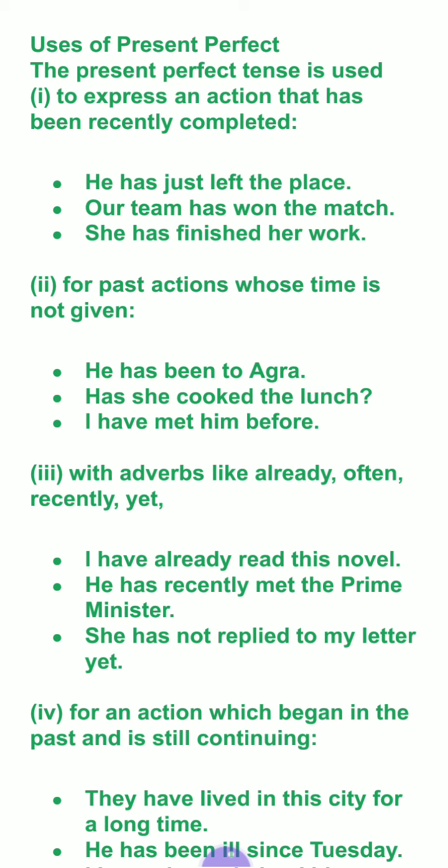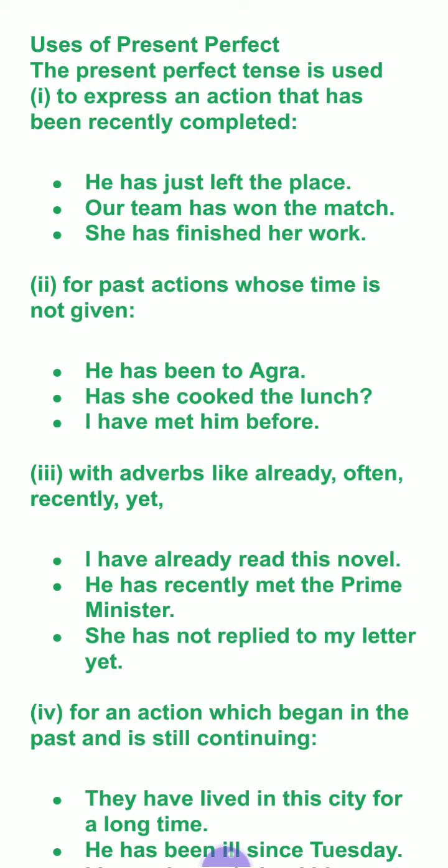Use of present perfect tense to express an action that has been recently completed, like I have completed my homework. Got it? She has done her assignment. So this particular tense is used when something has recently completed, just finished.